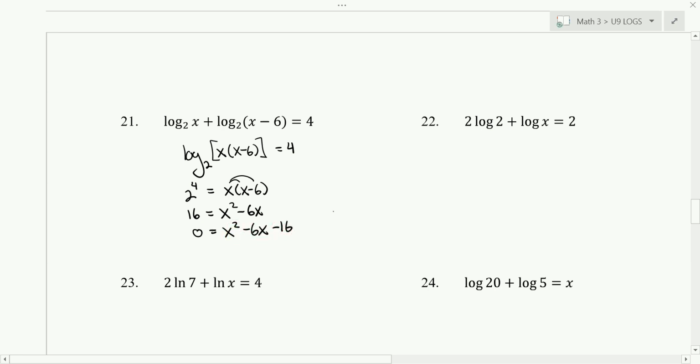And then factor this. Two numbers whose product is negative 16 and whose sum is negative 6. Negative 8 and positive 2. So this factors to x minus 8 and x plus 2. If you set your factors equal to 0 and solve, you get x is 8 and x is negative 2.